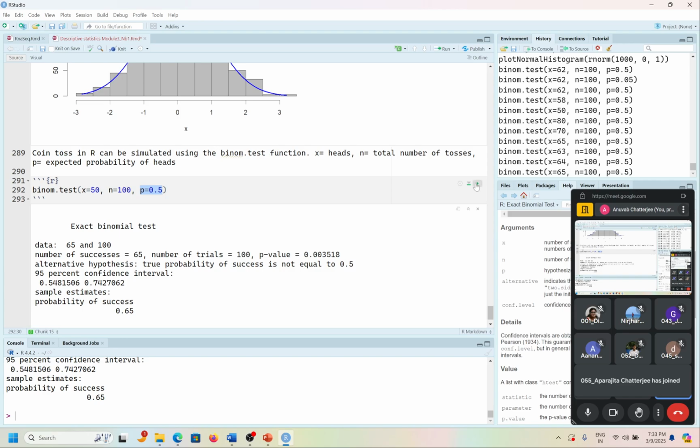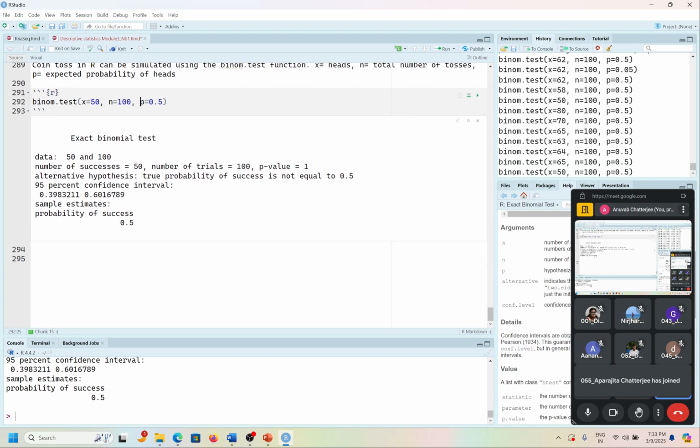So if I run this, I get a result like so. So this is the exact binomial test. Data is 50 heads and 100 tosses. So number of successes are 50, number of trials are 100, and the p-value is 1. So this is the probability, the p-value is coming as 1.